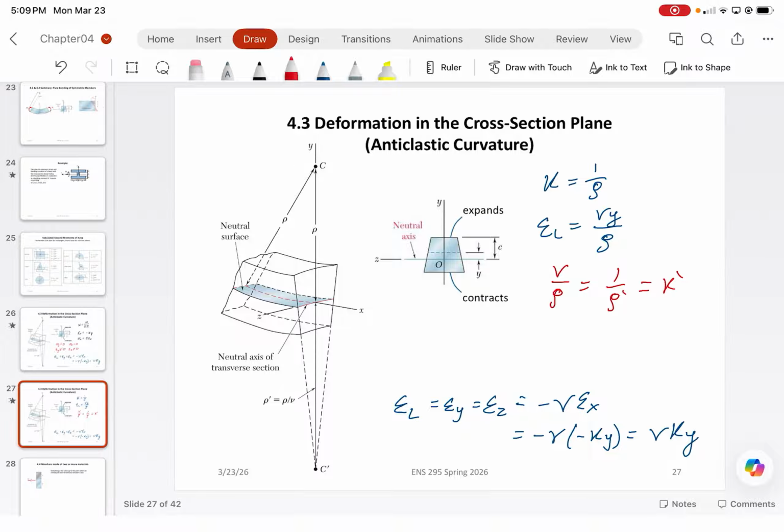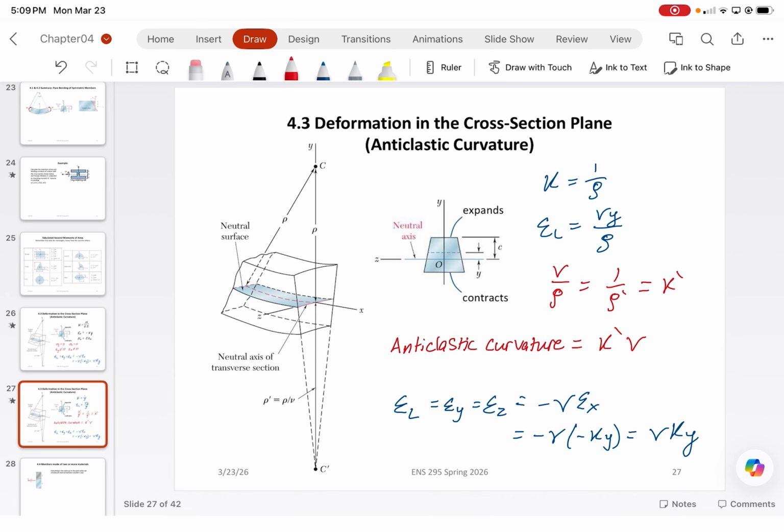And so anticlastic curvature becomes equal to that k prime times rho. And then from there, we can calculate the deformations accordingly.